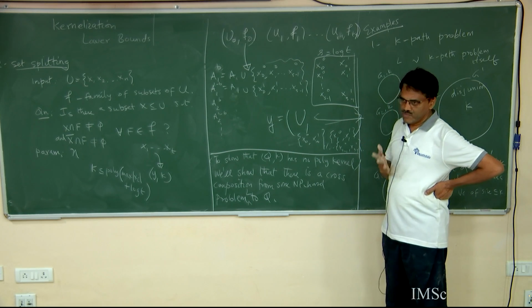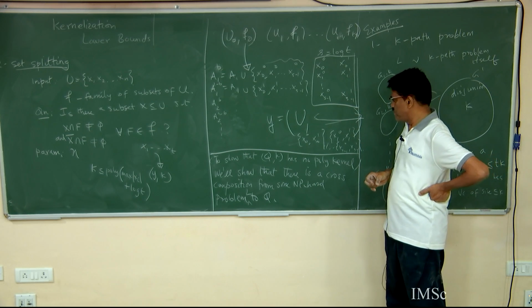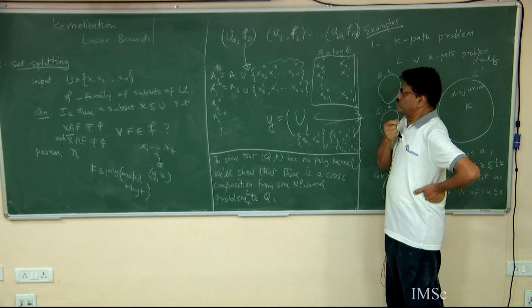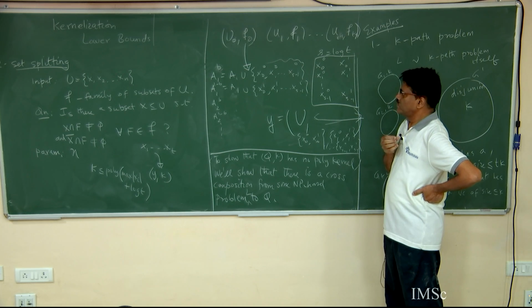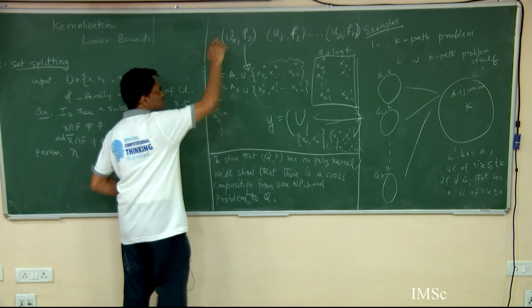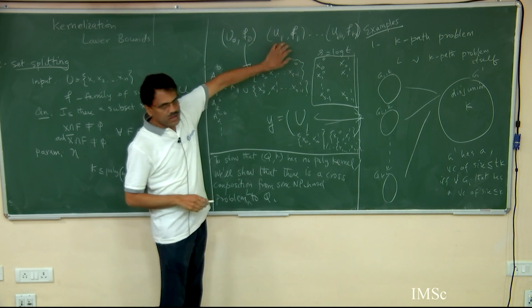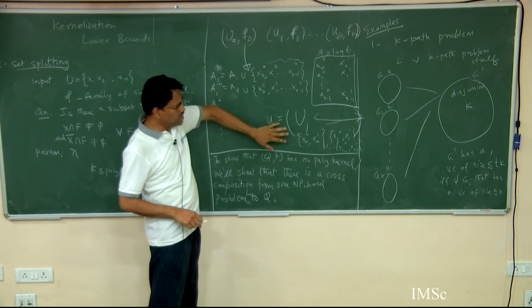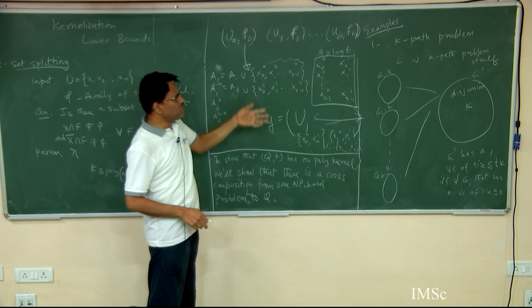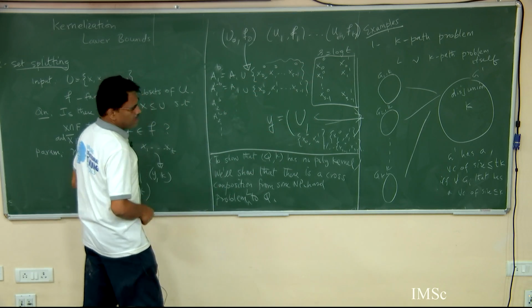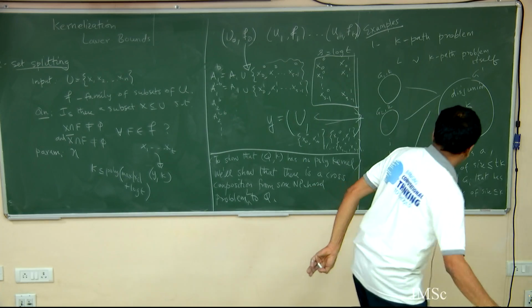Now, I claim that there is a subset x that splits some family if and only if there is another subset here, the size will increase by some log t.